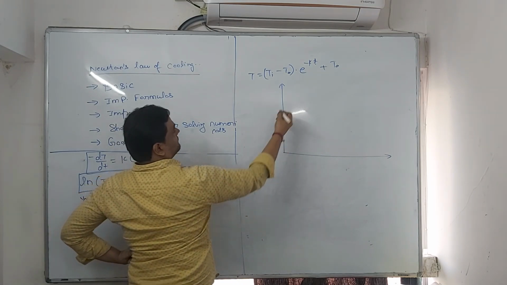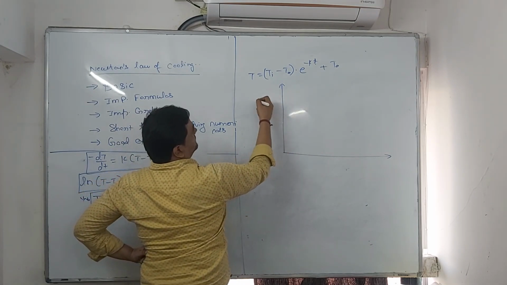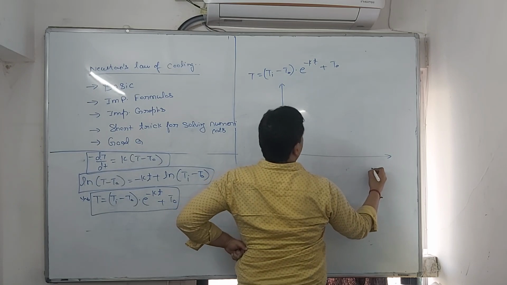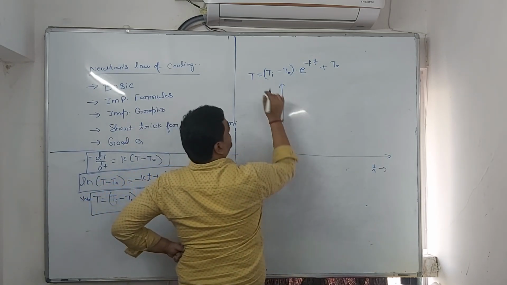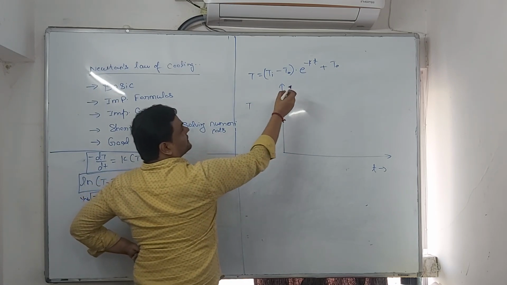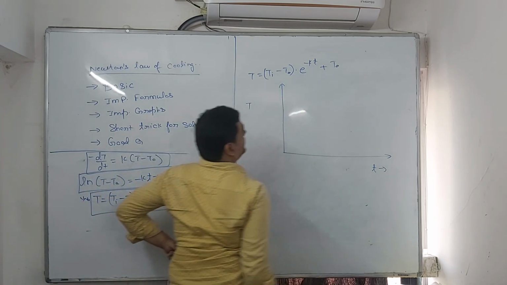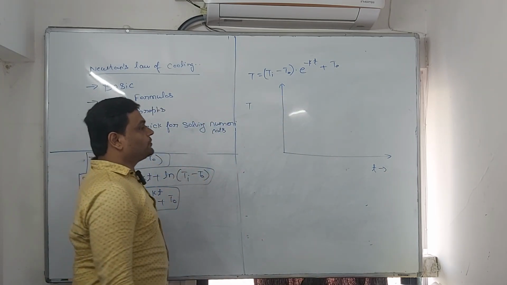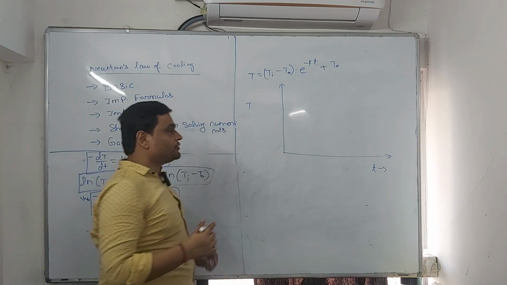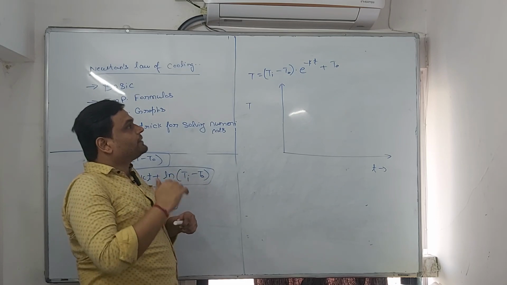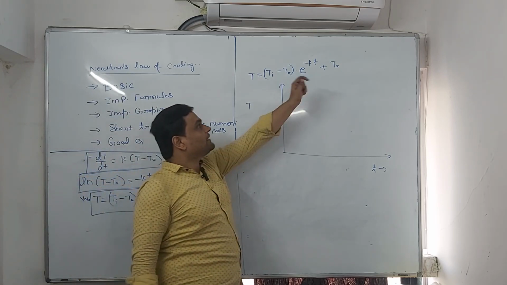Suppose in an exam, under stress, you forget graphs, so you should develop the logic. This T I am plotting on the y-axis, this t on the x-axis. Now put this t as 0.